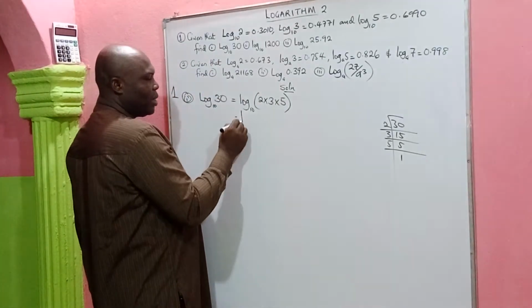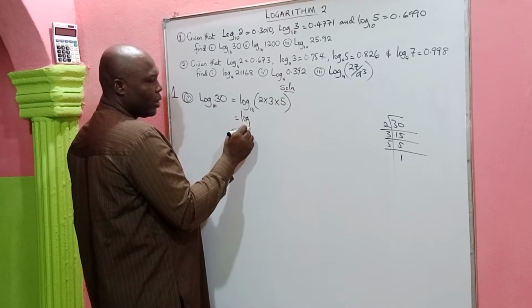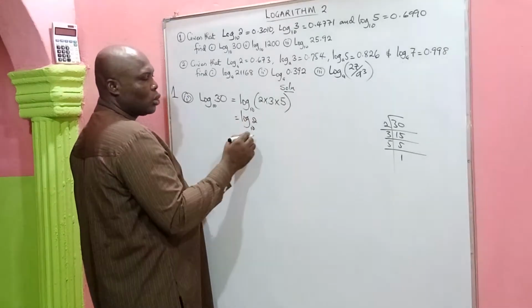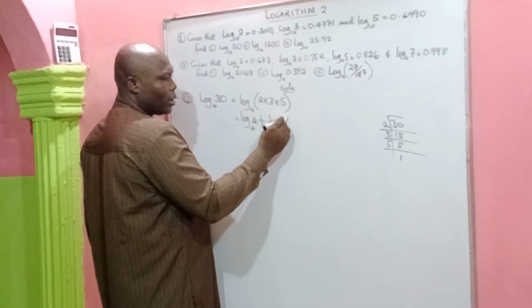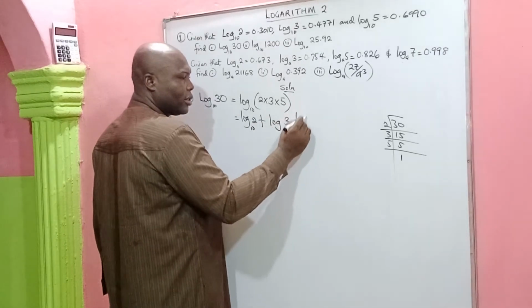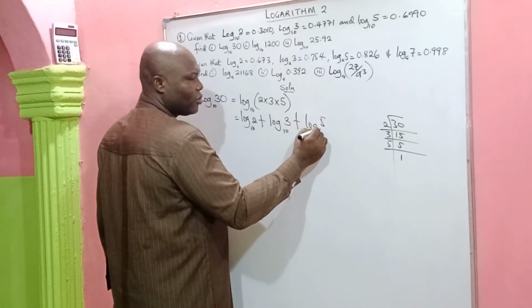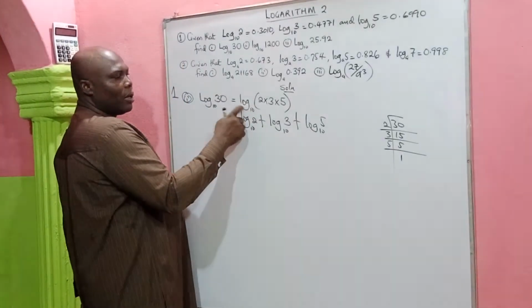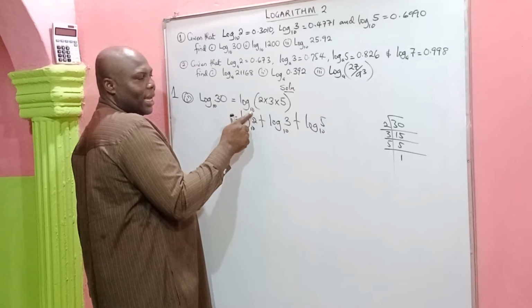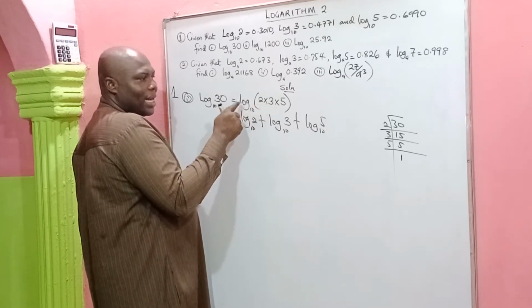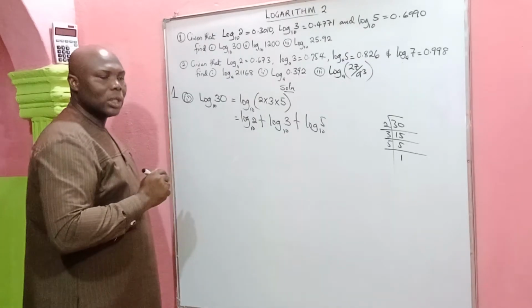This becomes log 2 to base 10 plus log 3 to base 10 plus log 5 to base 10. So that's what it means.